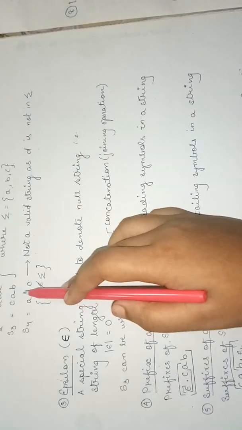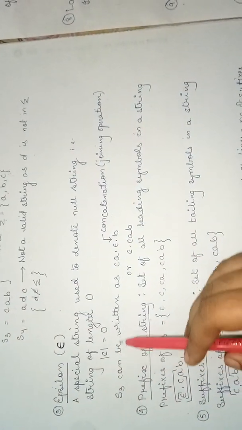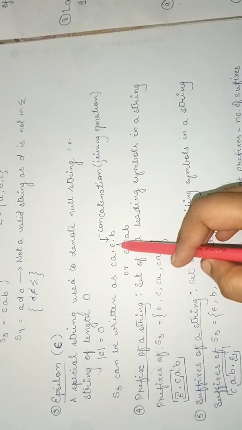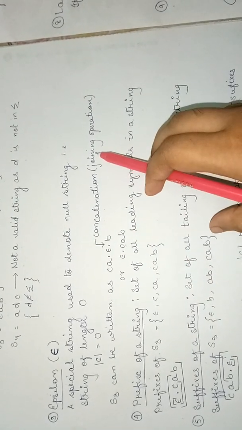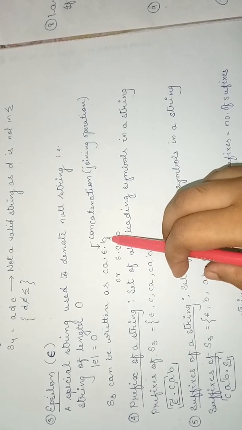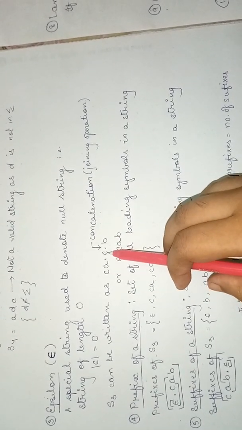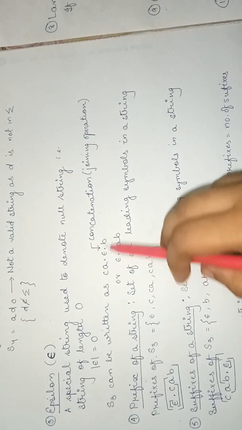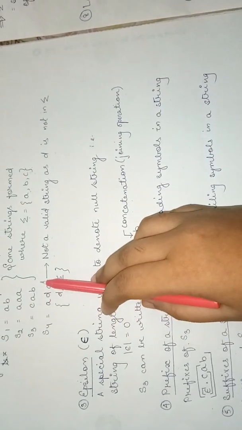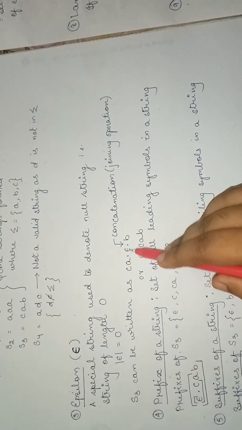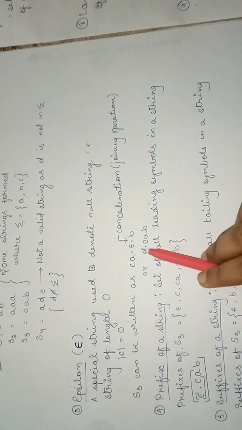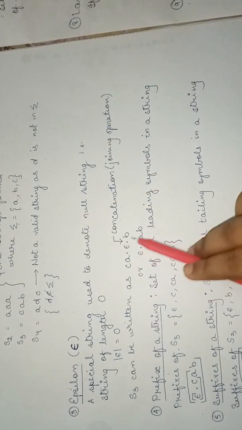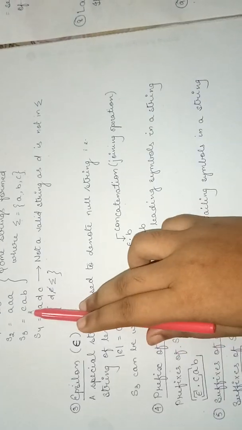So S3, this CAB, can be written as CA dot epsilon dot B. This dot is concatenation, the joining operation, that is it will just join or combine the epsilon and B. Since this is a 0 length string, CA epsilon B will result in CAB, because this is nothing, just an empty string, so it is the same as not being present there. It can be written anywhere, at the starting or in the middle, the meaning is the same, it will result in CAB.